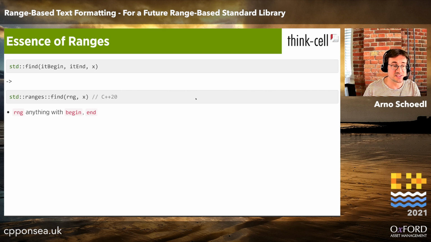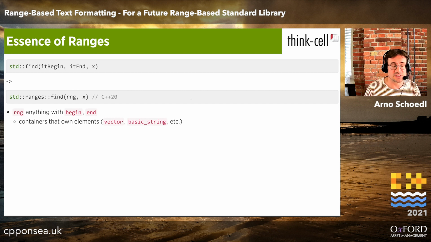And the ranges library in the standard library contains a lot of wrappers around the old algorithms that took iterators, where you can now pass ranges. And a range is really anything that has a begin and an end, right? Where you can basically get the 2 iterators out.